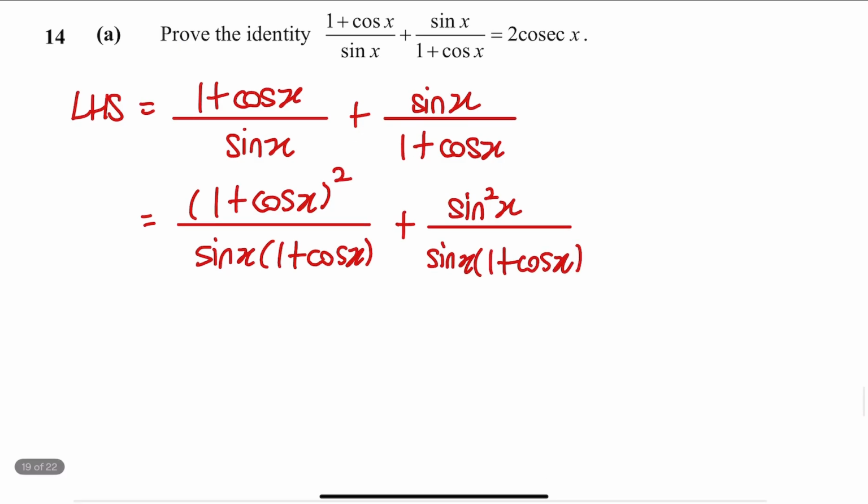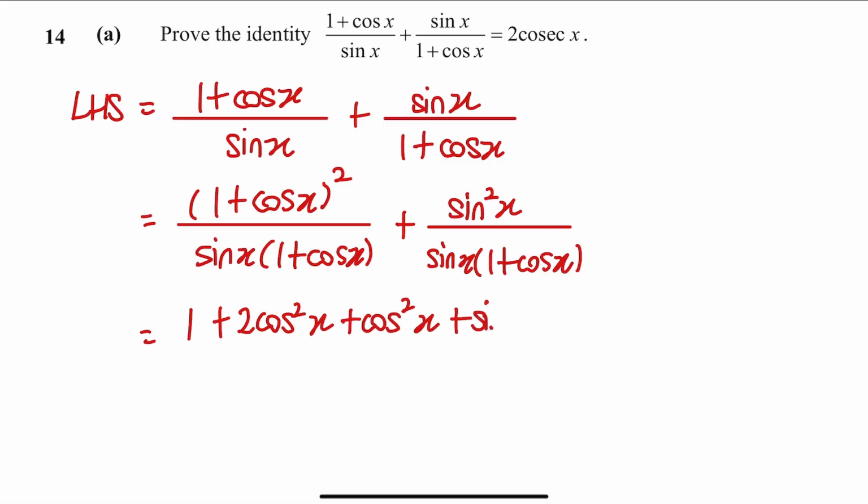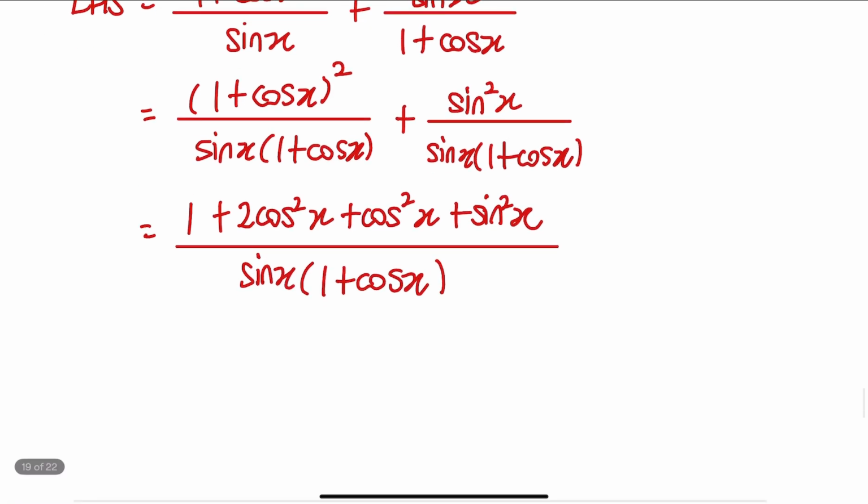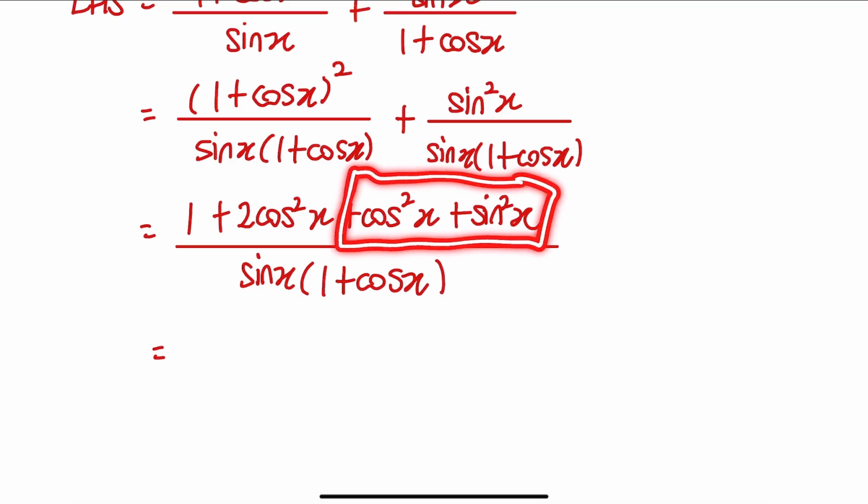Okay, therefore, I expand and simplify, I'll get 1 plus 2 cosine x plus cosine squared x plus sine squared x over sine x times 1 plus cosine x. Then I continue. I know that sine squared x plus cosine squared x is simply equal to 1.